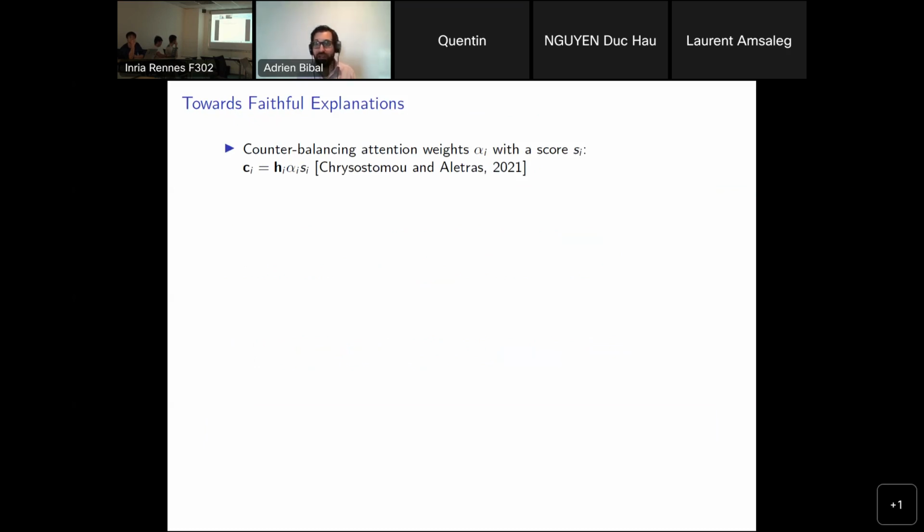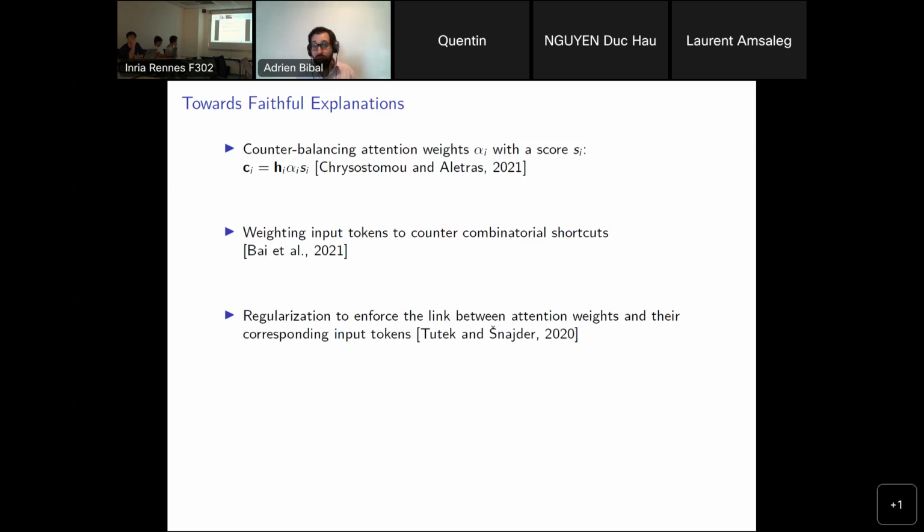Here it's HI. So if it does not weight the representation in a good way, given the biases that we discussed earlier. We can also weight the input to counterbalance the problem of combinatorial shortcuts. So with the A, B, C that are added in all documents, we can regularize the model to enforce the link really between the attention weights and their corresponding input token.